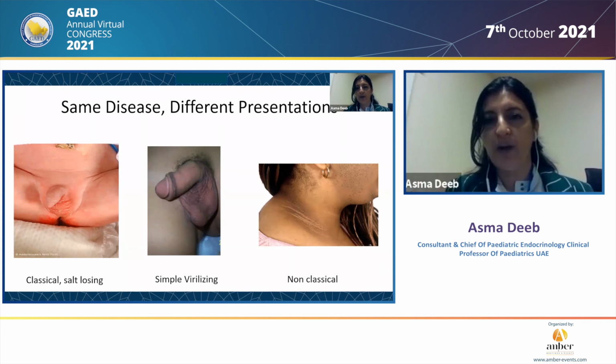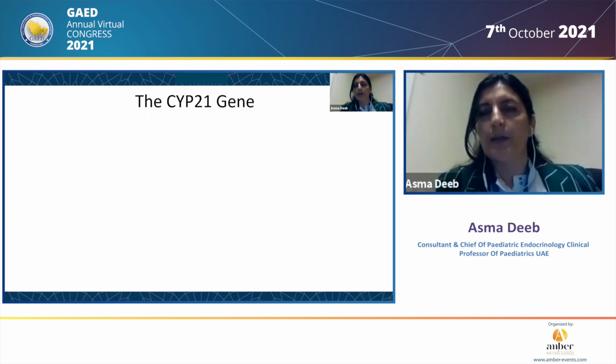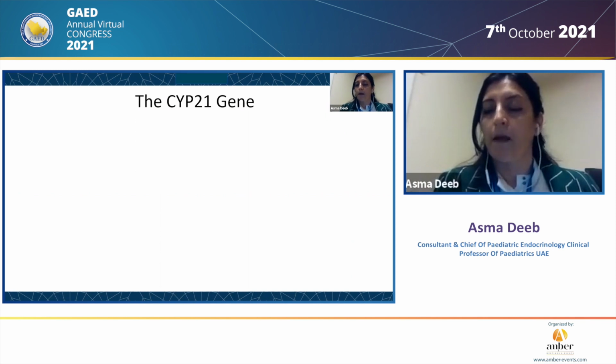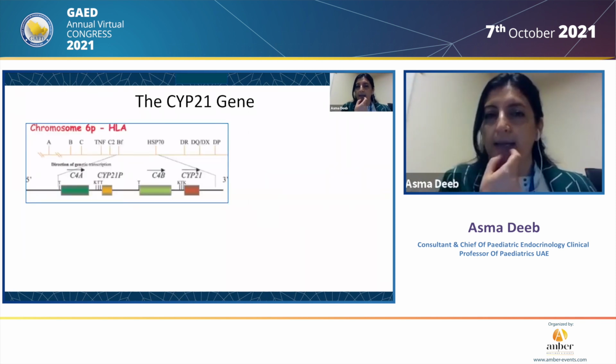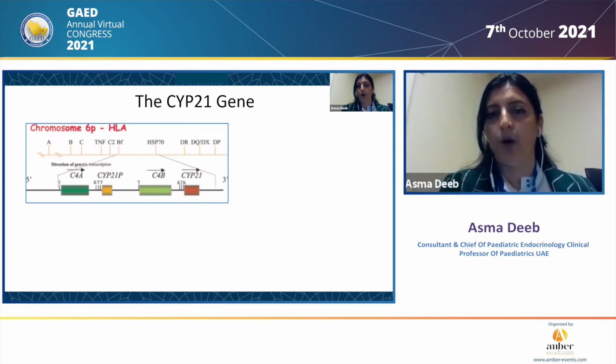And let me move now to the underlying genetic condition. So CYP21 is the gene in concern here in relation to CAH. It's quite a complex gene. It resides on the short arm of chromosome 6 within the class 3 of histocompatibility antigen.